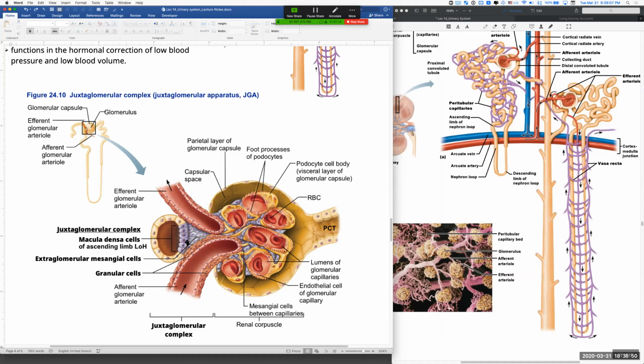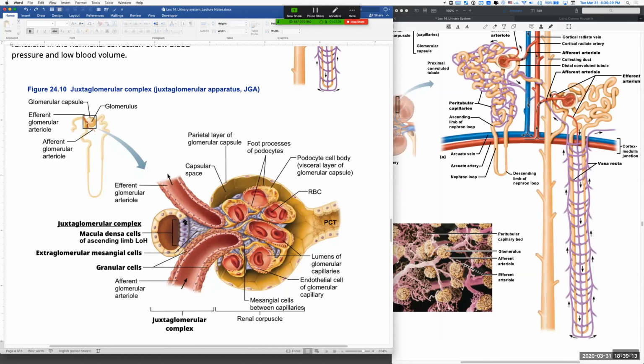You can see that this DCT winds back and associates with the afferent arteriole and efferent arteriole. This association is known as a juxtaglomerular complex or apparatus.